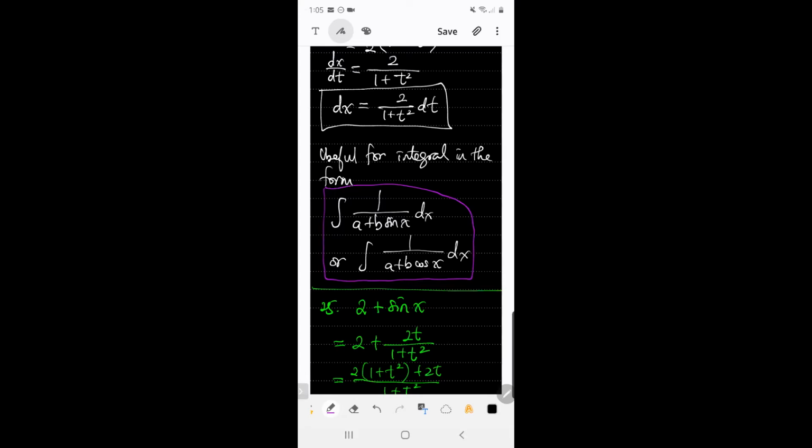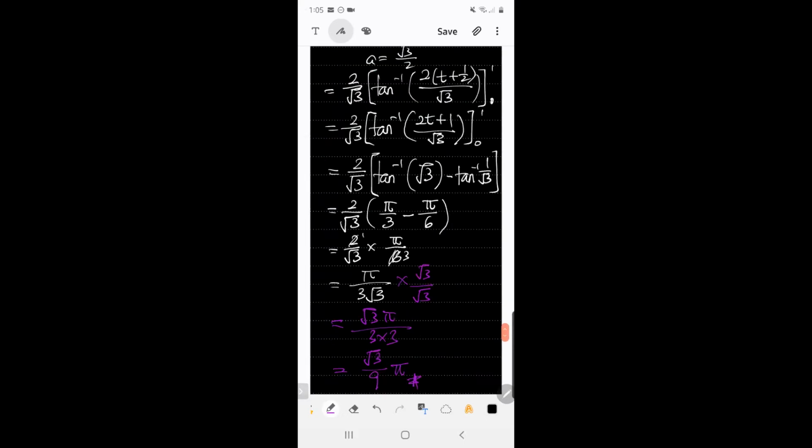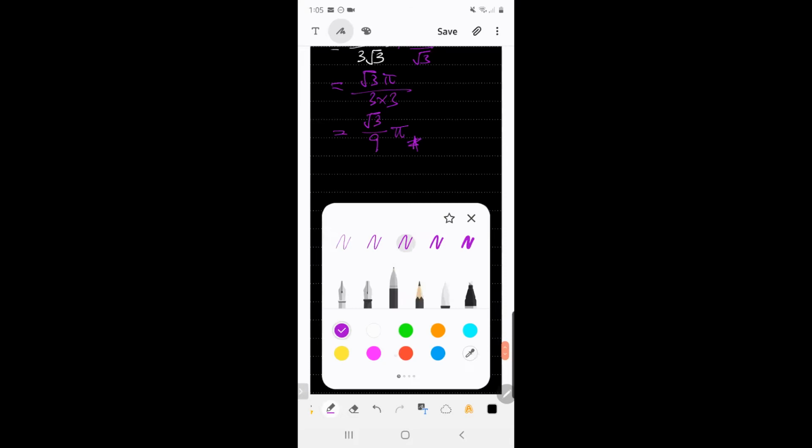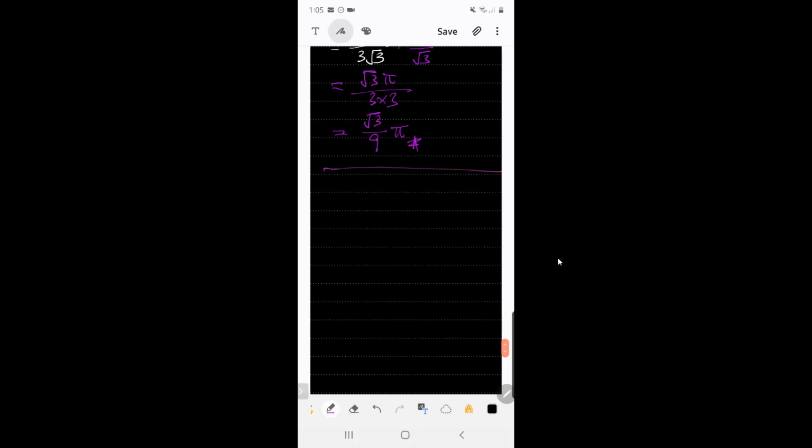If you look at question number 26, it is the integral of 1 over 3 minus cos x dx. So you can use the substitution.